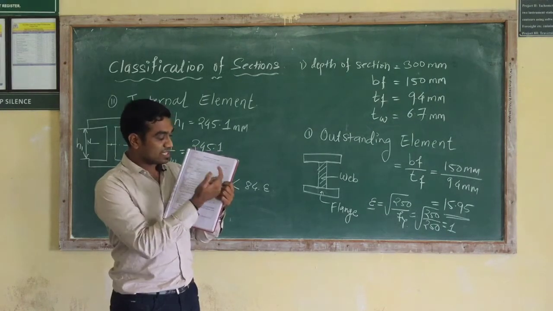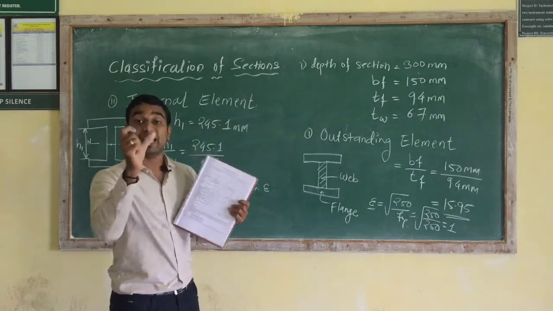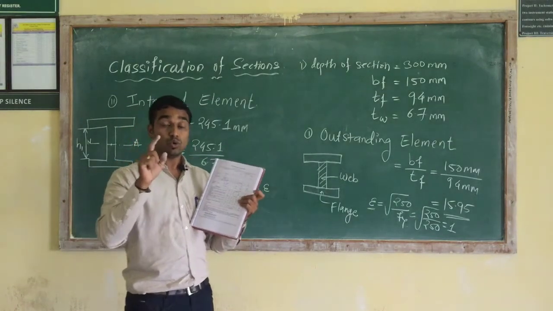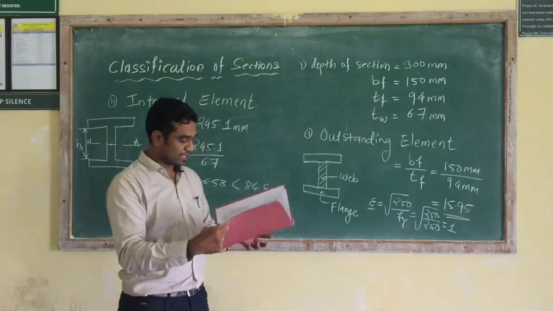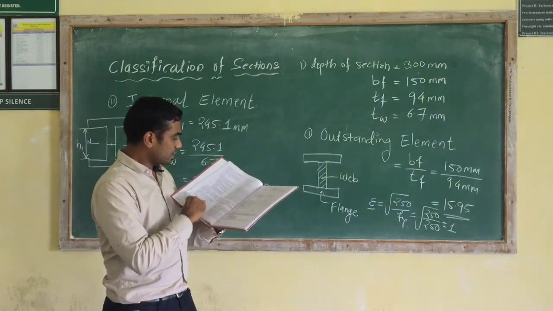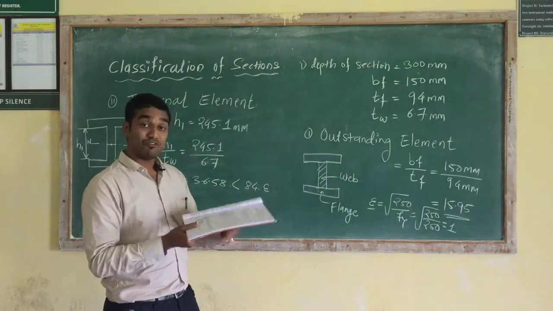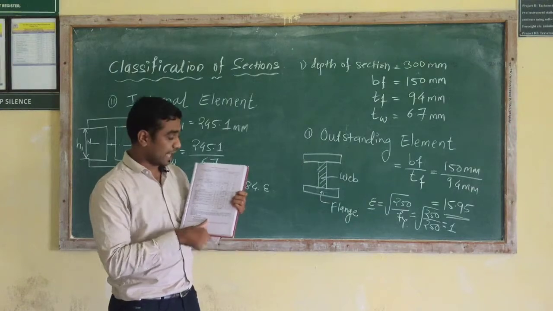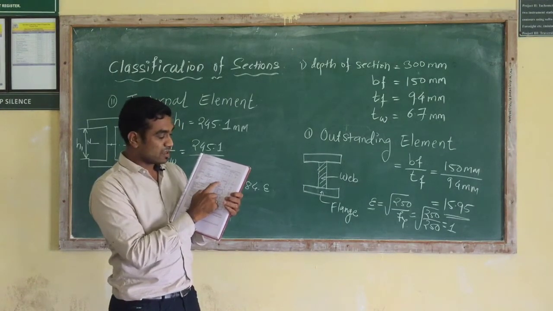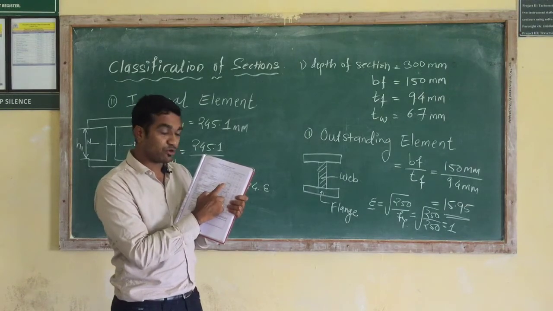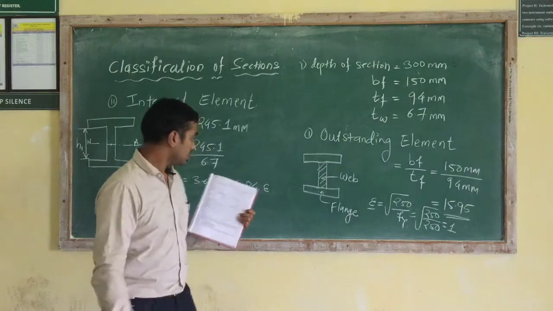That's why this section is classified under the class plastic, because you know the definition of the plastic section. Here you can see the definition of the plastic section. If the value is less than 84 epsilon, then the section lies in the class of plastic section.